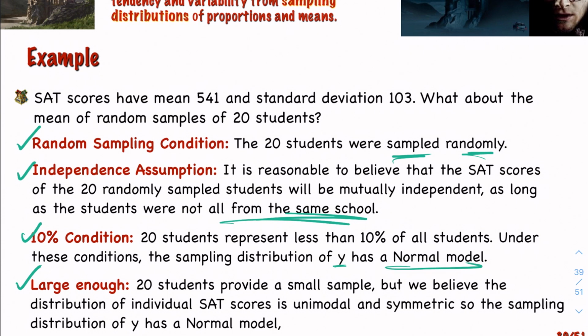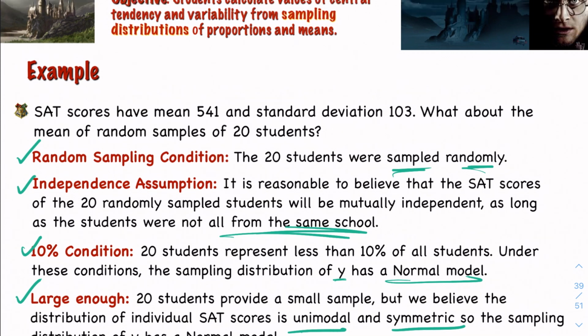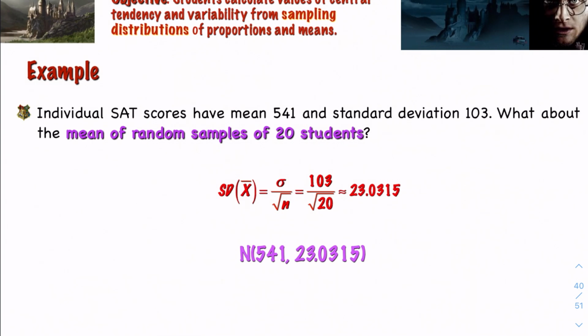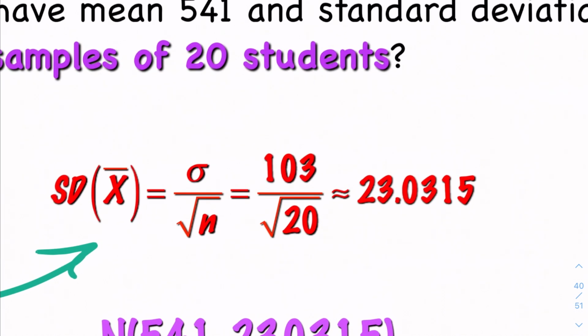Under these conditions, the sampling distribution of ȳ has a normal model. And is our sample size large enough? 20 students provide a small sample, but we believe the distribution of individual SAT scores is unimodal and symmetric, so the sampling distribution has a normal model. We go with that. So individual SAT scores have a mean of 541 and a standard deviation of 103. What about the mean of a random sample of 20 students? Well, our mean is still 541, but the standard deviation of our sampling distribution will be the population standard deviation over the square root of n.